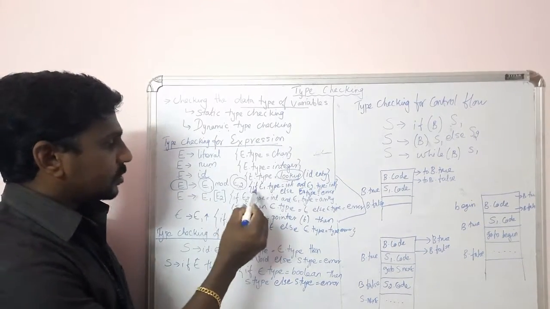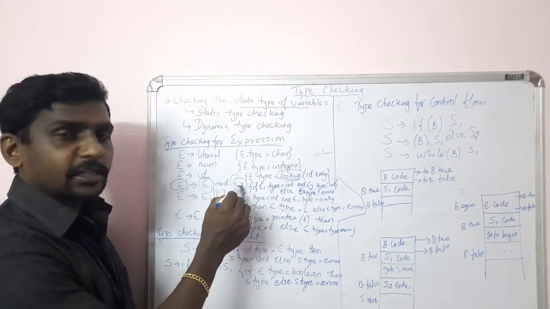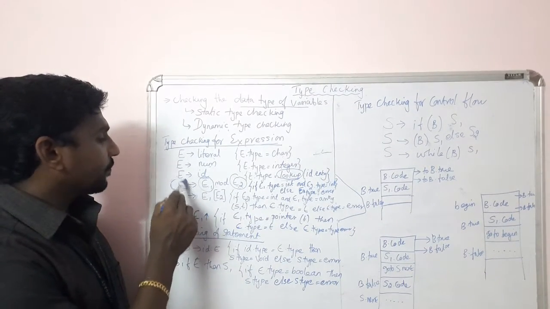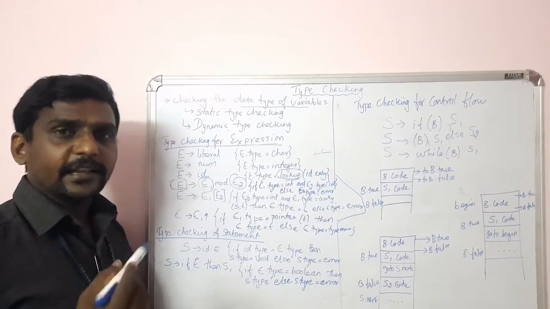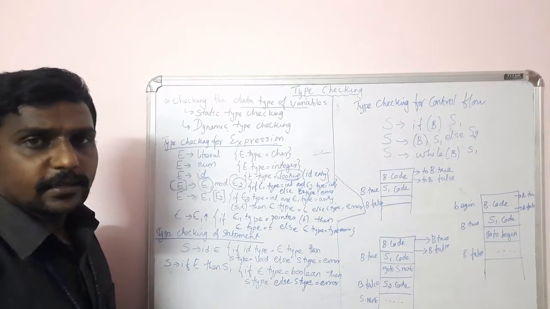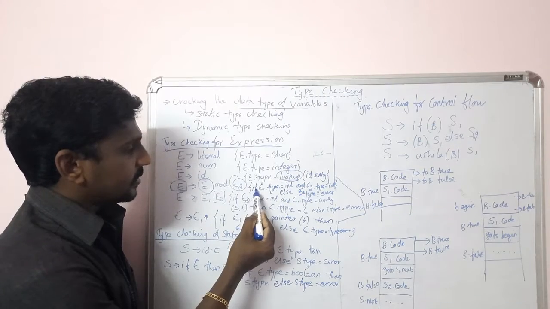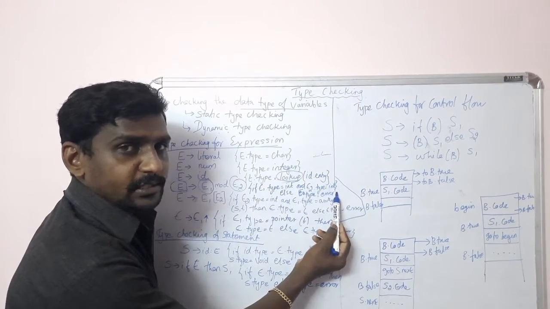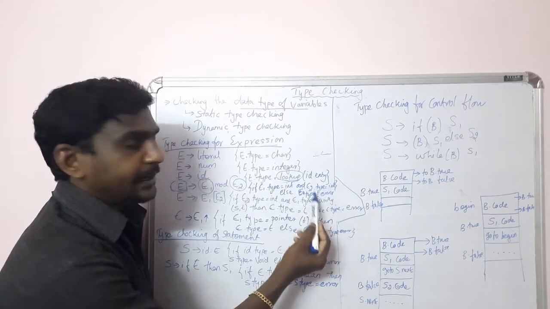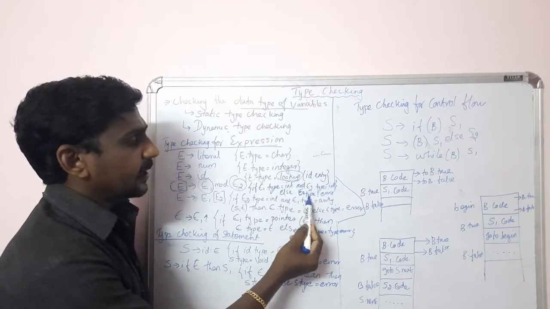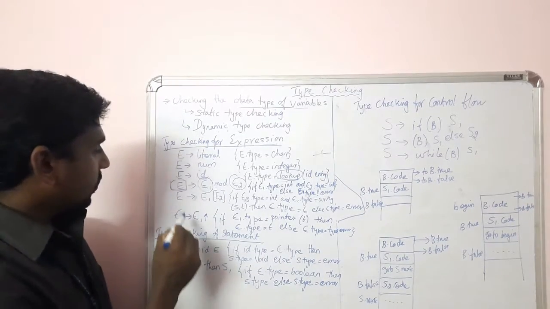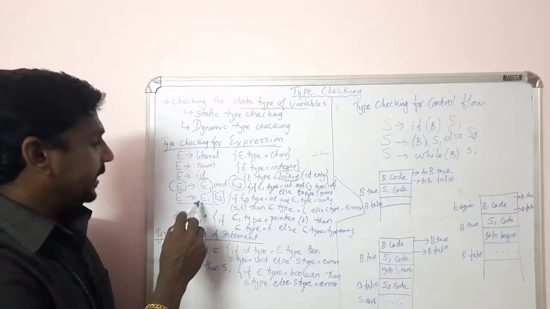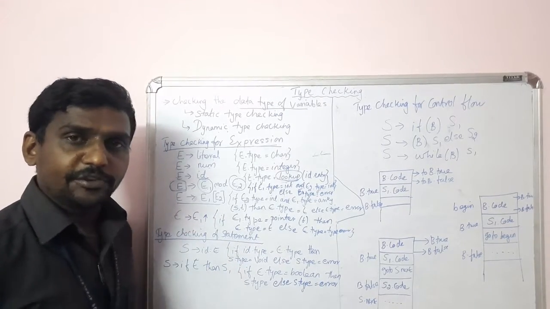Else, if one is integer and another is character or some other data type, then E is not an integer data type, it is an error. So we write the semantic rule as: if E1 dot type equal to integer and E2 dot type equal to integer, then E dot type equal to integer, else E dot type equal to error. This is for this expression, and then the expression array, E tends to E1 of E2.